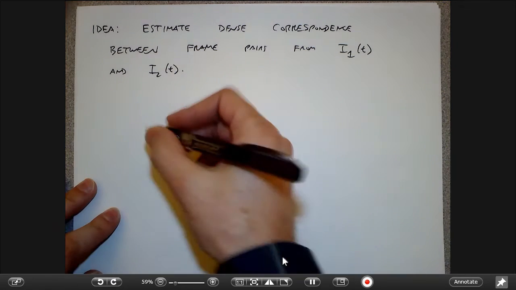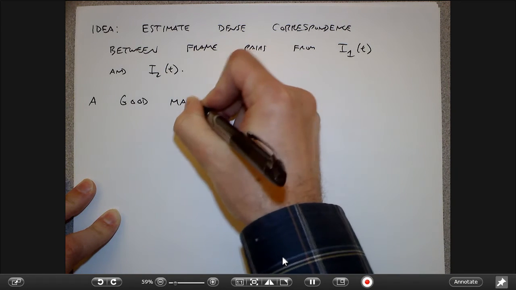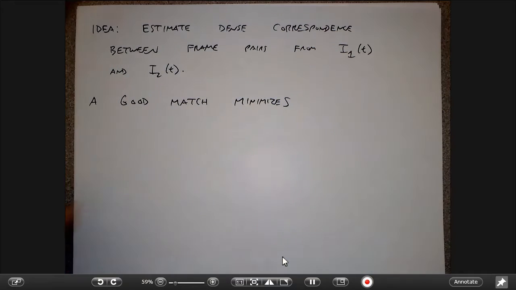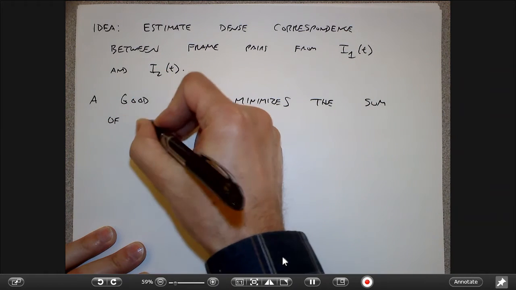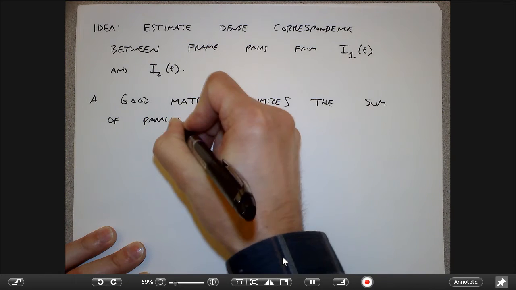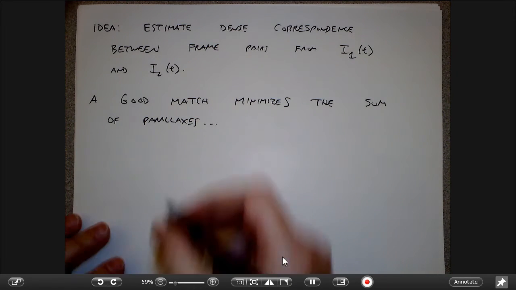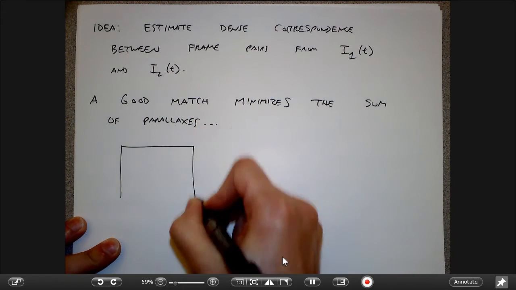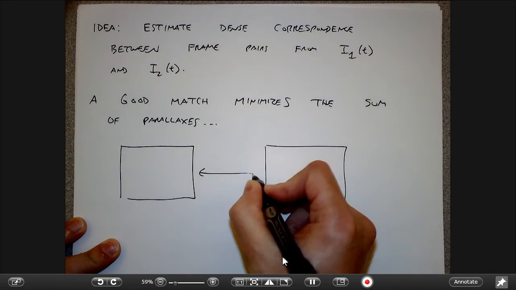What happens instead is that it's hypothesized that a good match minimizes the sum of parallaxes. And that's a word we haven't used before. What that means is, here's image 1 and image 2, and let's suppose I have a correspondence between them.